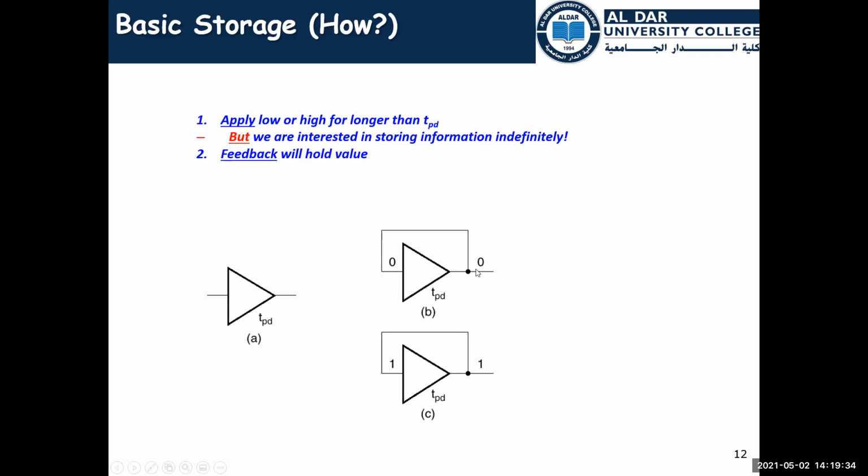We have an output here of 0, and then we return it back, and it will stay there forever, because this is just give an input, and the output will be 0. If we change the input to 1, the output will be 1, and so on. But here, if we want to hold the 0 forever, we can make a feedback cycle like this. We take the output and connect it to the input. This means we will always have 0 here.